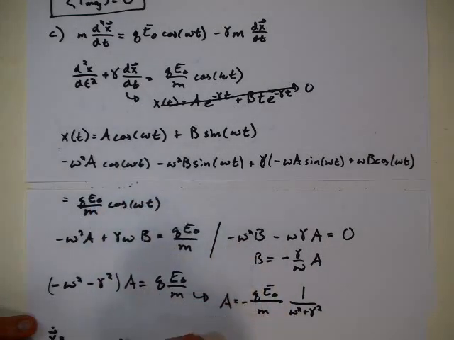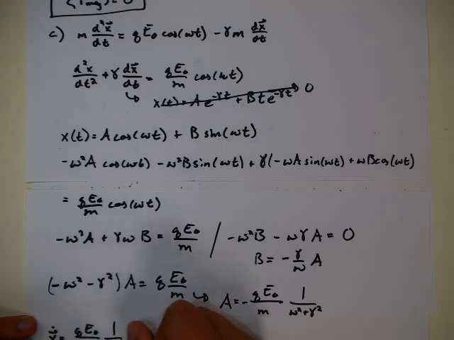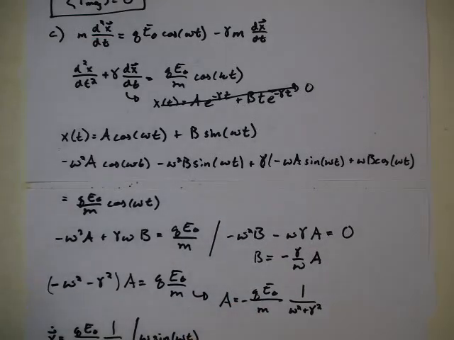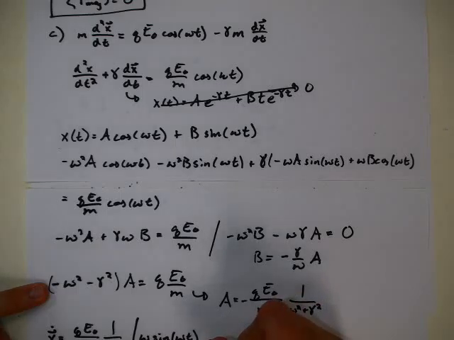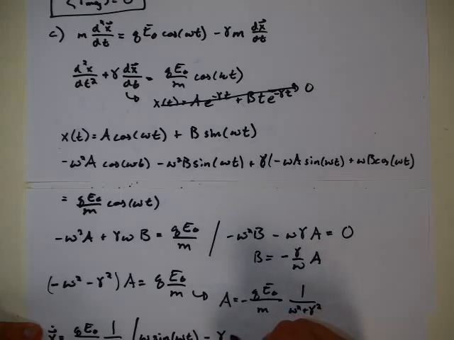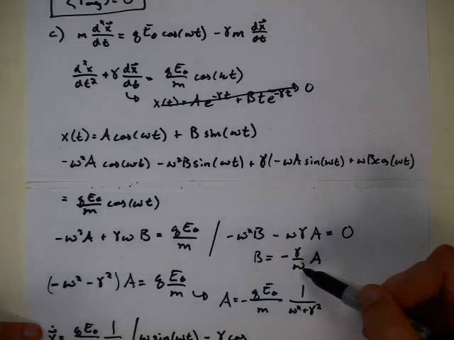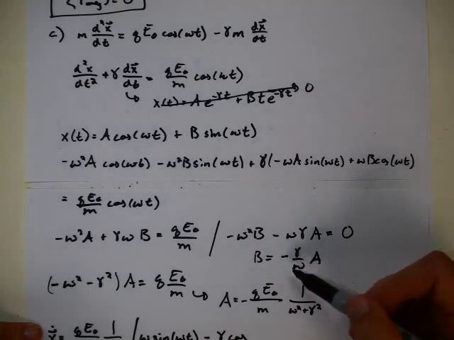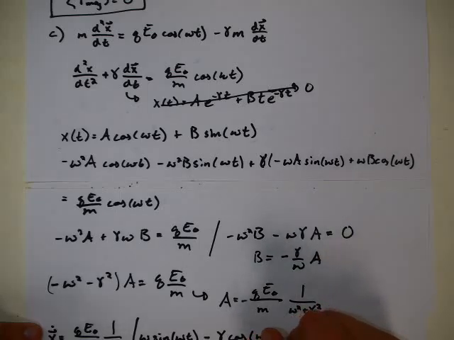When I take the derivative of the cosine, I get minus sine, so this gives me q e naught over m, 1 over omega squared plus gamma squared, and an omega sine of omega t for the x, and a minus gamma cosine of omega t, the gamma because I have an omega over gamma here and a minus sign from there.